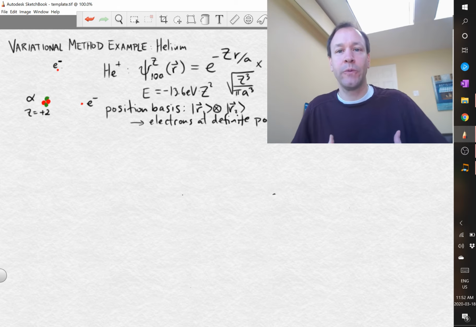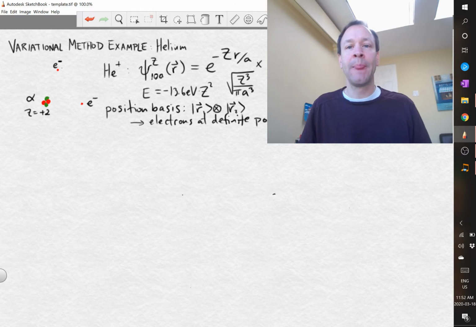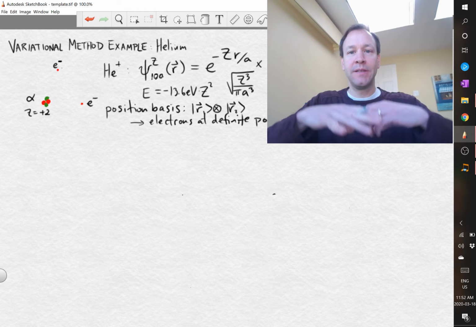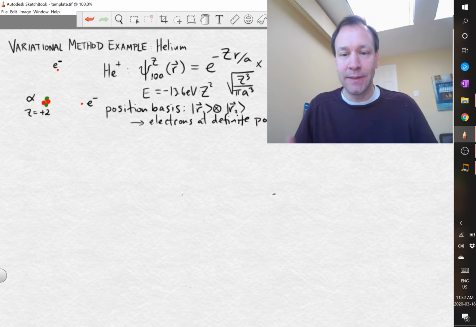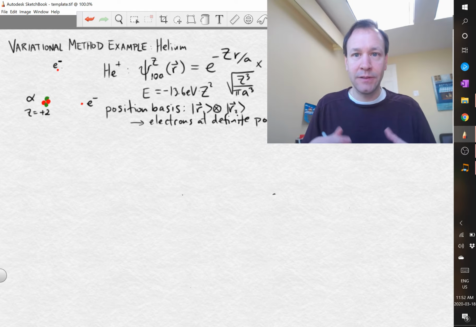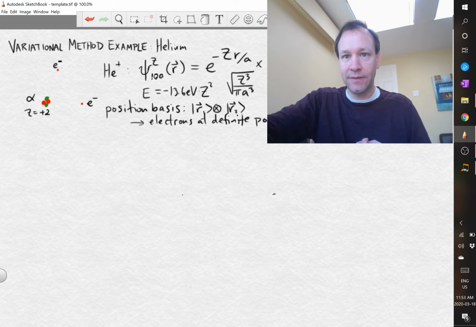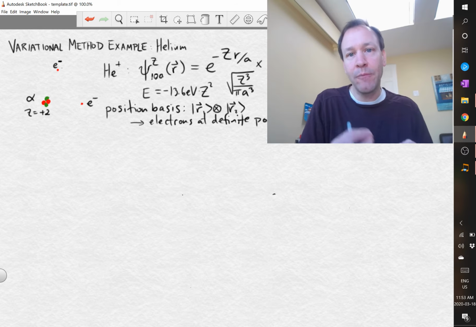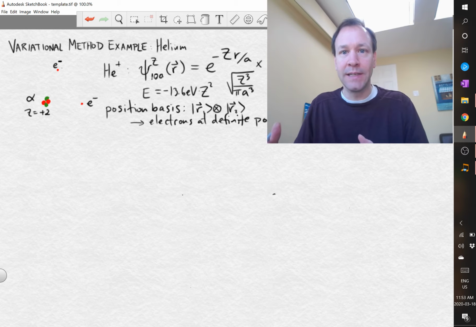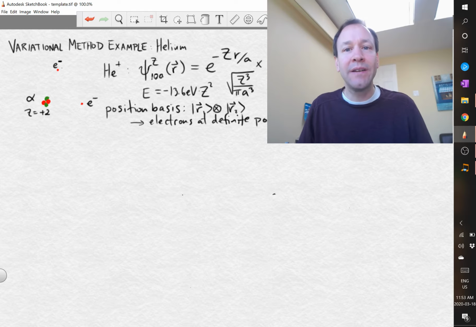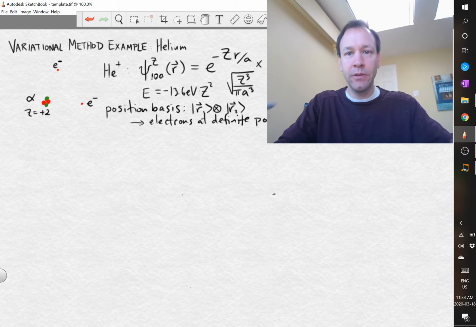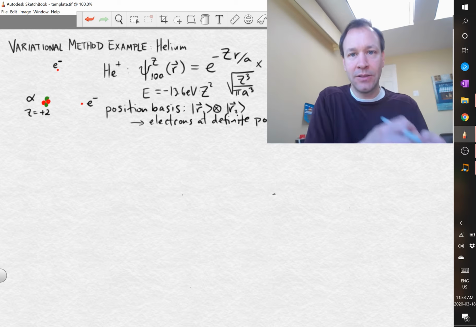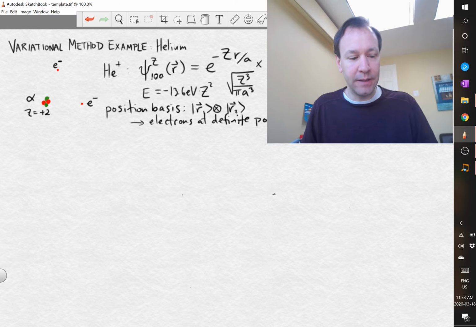Now actual states of helium are going to be superpositions of those basis elements. To describe a general superposition, we need to say what is the coefficient of each of those basis elements in our superposition. What we're going to need is one number for every pair R1 and R2. That means the wave function describing two electrons in a helium atom is a function of these two vector position variables.